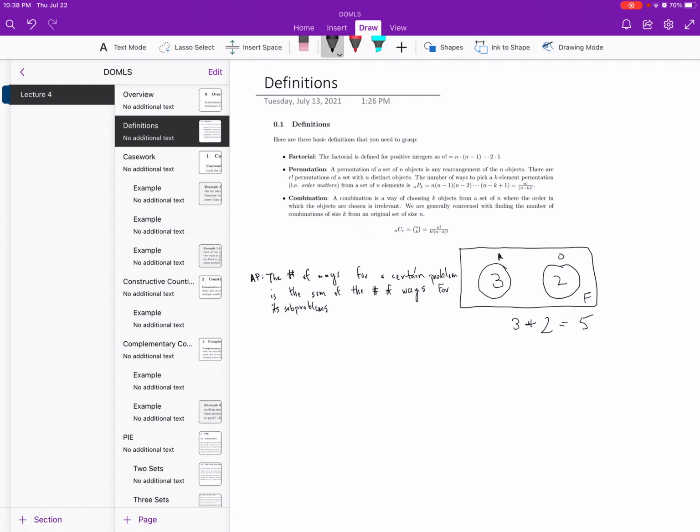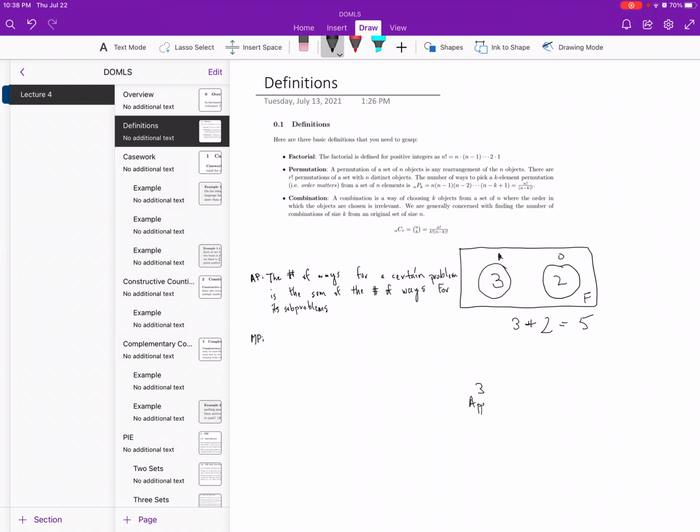Okay, so what about the multiplication principle? Again, rather than starting with a definition, let's go over the idea. Everyone might already know what the multiplication principle is, because when you're learning multiplication in school, you sometimes learn it by learning the multiplication principle. It goes like this. Let's say we're at a restaurant, and we have three types of appetizers.